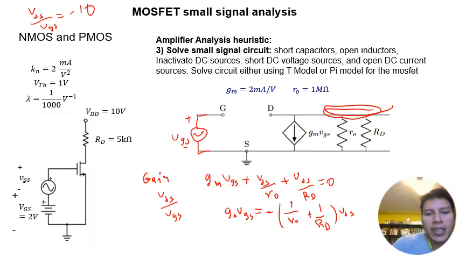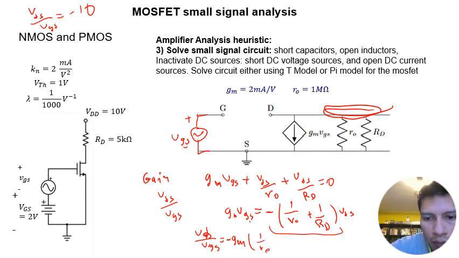And now, since we need the ratio of VDS to VGS, I'm going to divide both sides by this and divide both sides by VGS, so that we get that VDS over VGS is actually equal to GM times negative (1 over RO plus 1 over RD) to the -1.